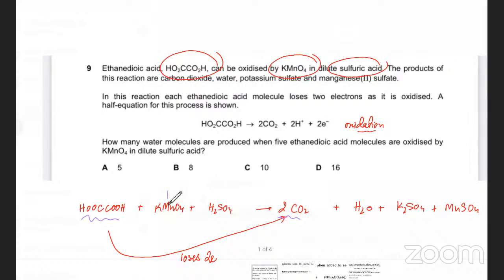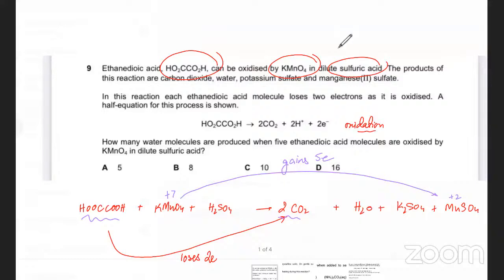Mn over here is +7. You can find out the oxidation state. Mn over here is +2. So Mn goes from +7 to +2. So it gains how many electrons? It gains 5 electrons.